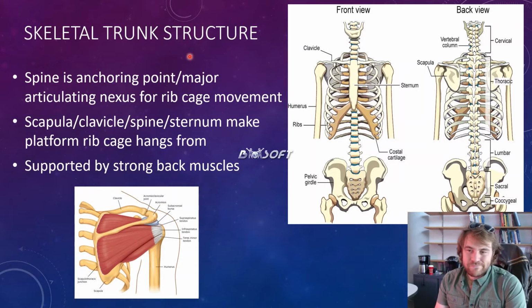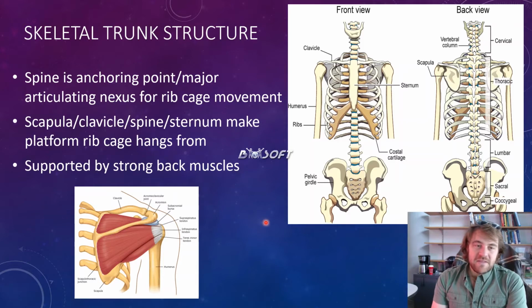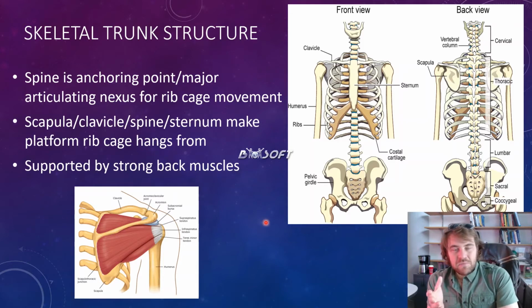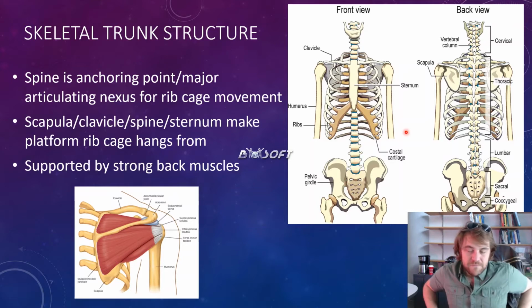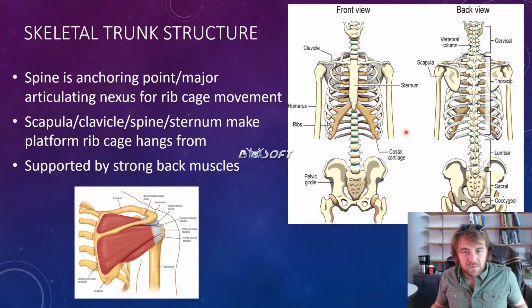So probably should have put this slide a little earlier, but the spine is the major anchoring point for all rib cage movement. And you can see on this guy over here that it's true that really the spine is the only continuous osseous structure that makes contact with your hips, which makes contact with the ground, right?